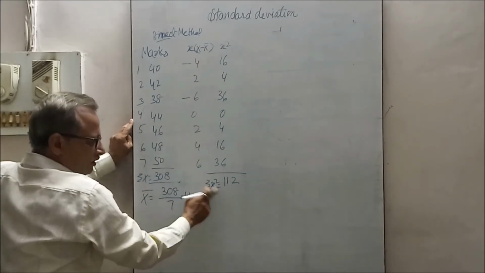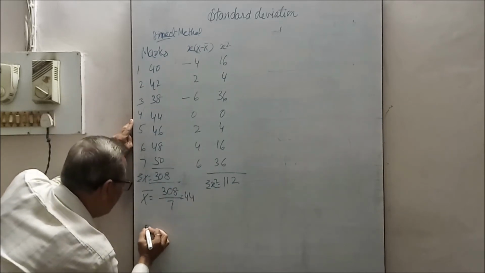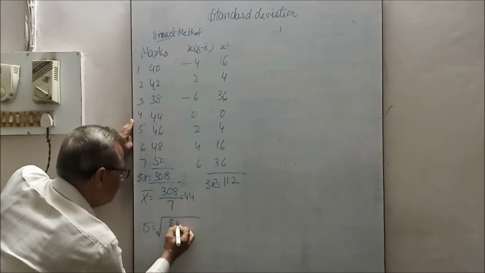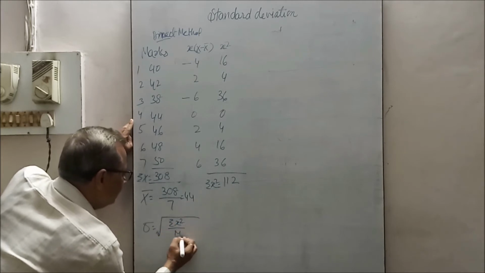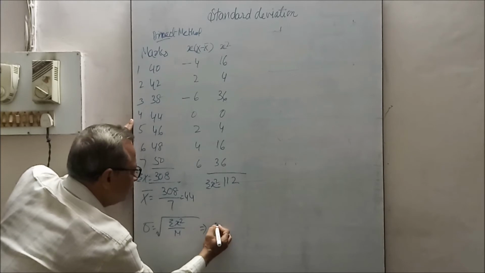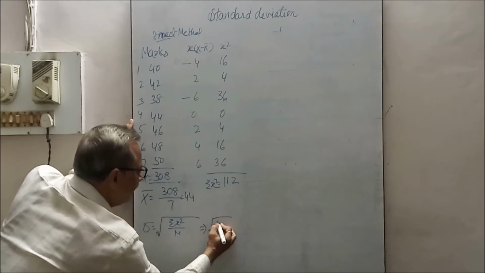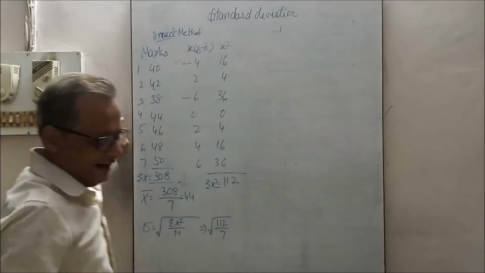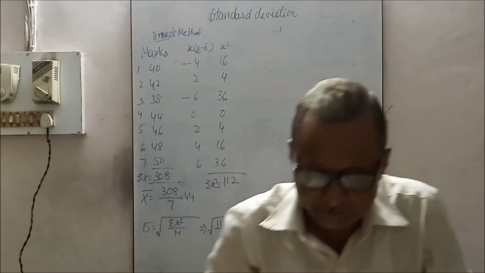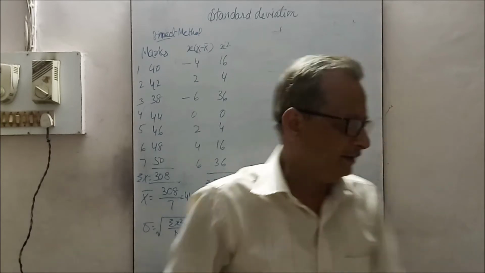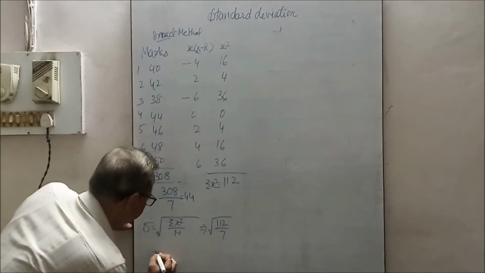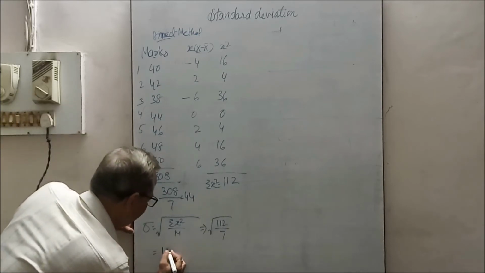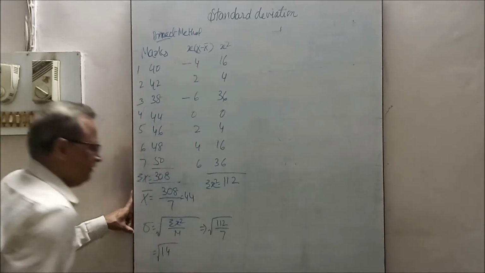Now we have the formula of standard deviation: the square root of the total upon n, that is 112 upon 7. Now find the value of it: 7 into 16 is 112, so it is 16.